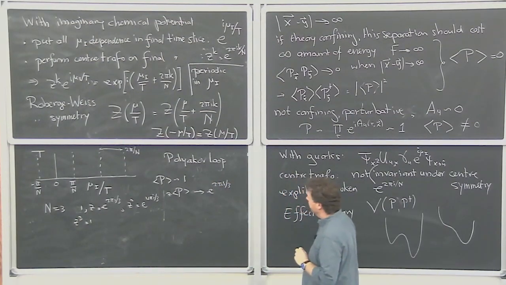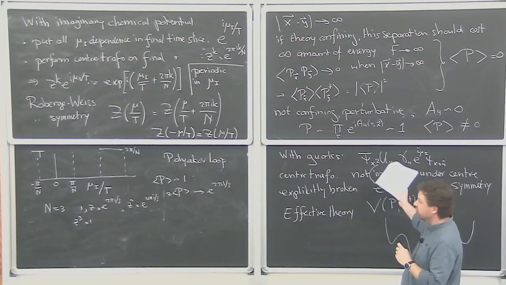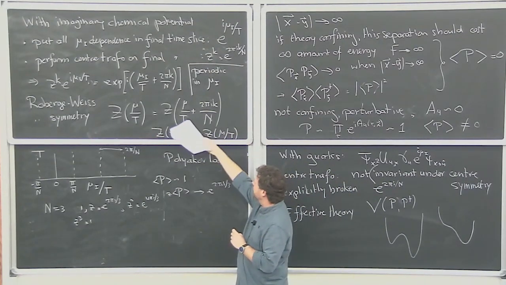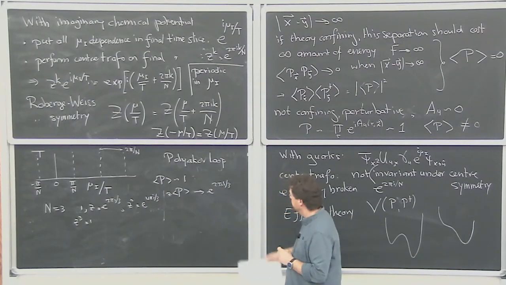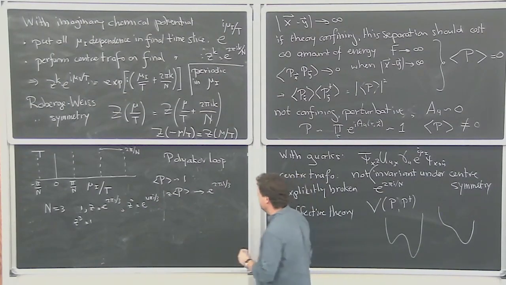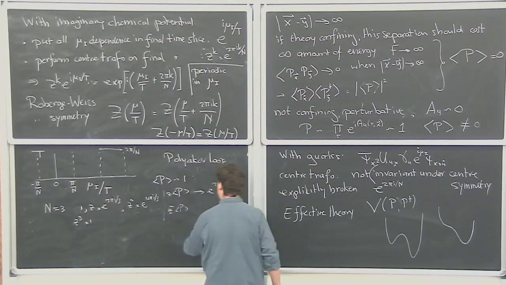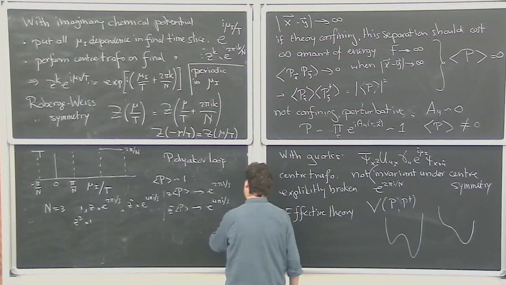So in other words, if I do the center transformation, or if I increase the chemical potential, because they are the same, both the center transformation and the imaginary chemical potential have the same effect, I change the phase of the Polyakov loop to 2 pi i over 3. And if I apply another factor of z, it will go to e to the 4 pi i over 3.